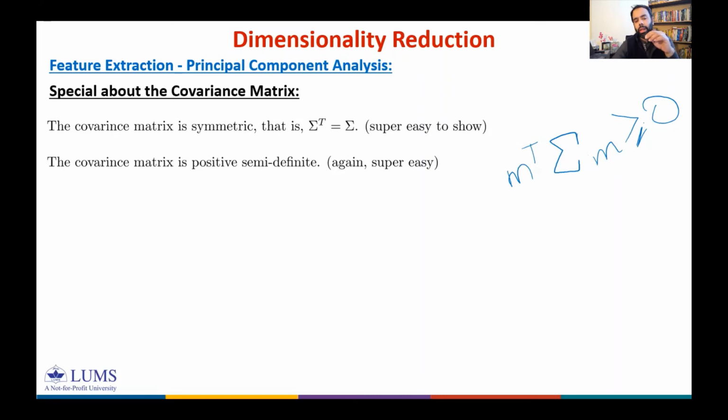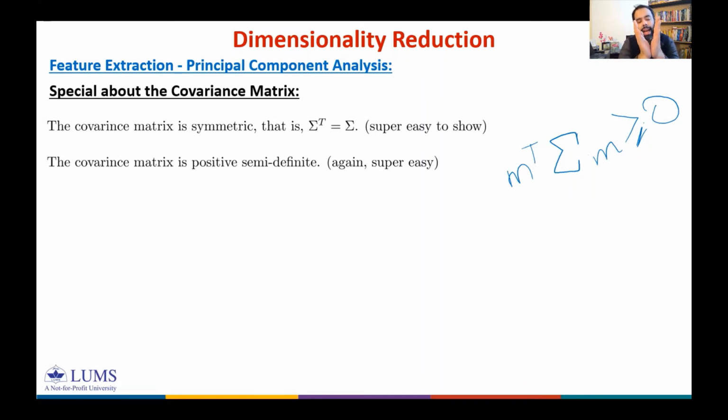What's the interpretation? The concept of positive semi-definite is similar to scaling a vector by a number. So sigma times M would be a vector, and you take the inner product of that vector with M, you get something greater than or equal to 0.